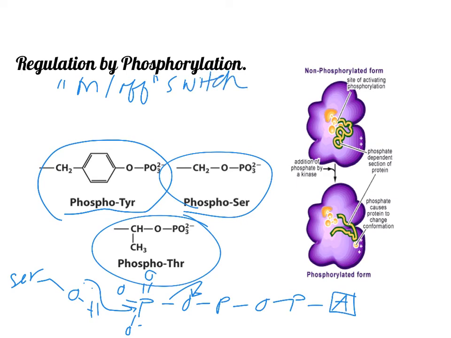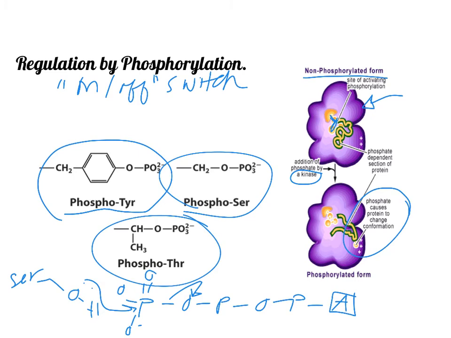So in this figure, the purple here is the protein, and this is a non-phosphorylated version, and the site of phosphorylation is right here. Now a kinase can add the phosphate group onto it, and what this does in this case is it causes the protein conformation to change.